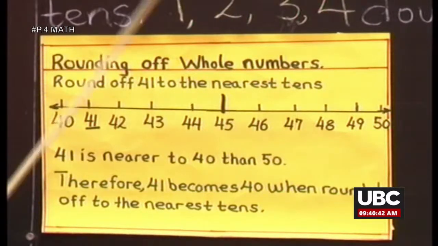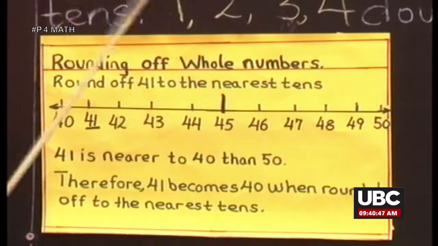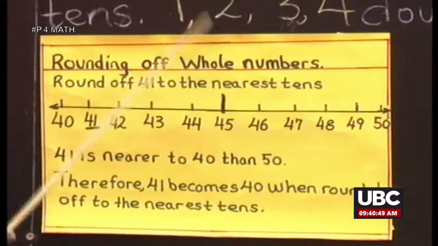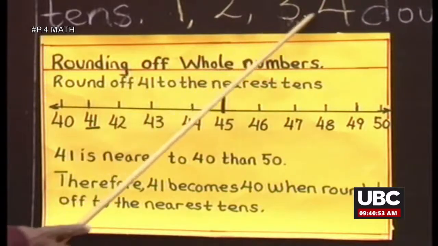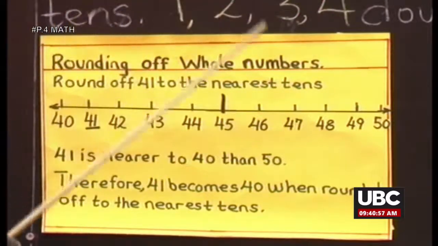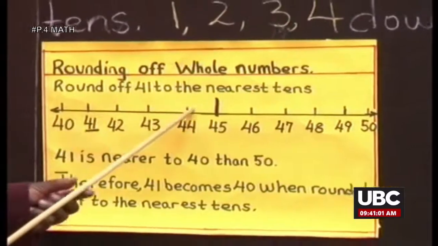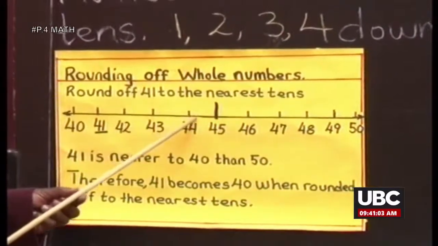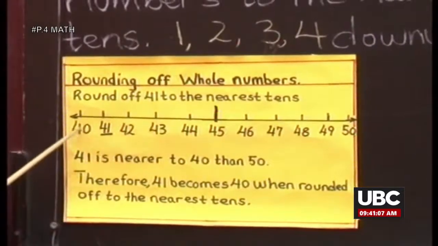We have looked at several examples, and remember I said numbers ending with any of these digits, 1, 2, 3, and 4, as you round them off, you round off downwards, backwards, in other words. All these numbers, when rounded off, will become 40.